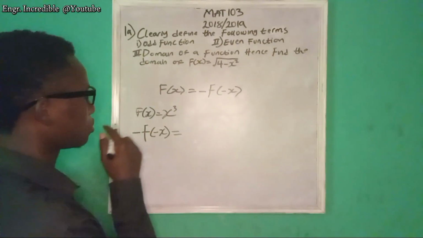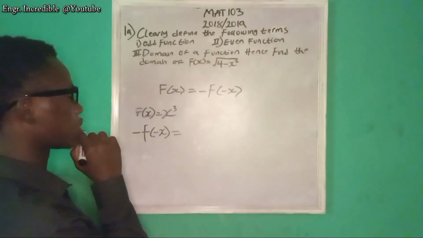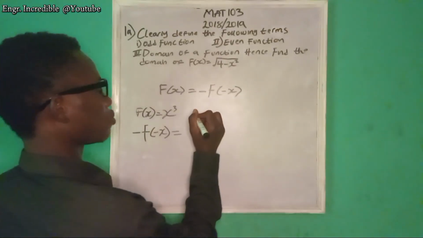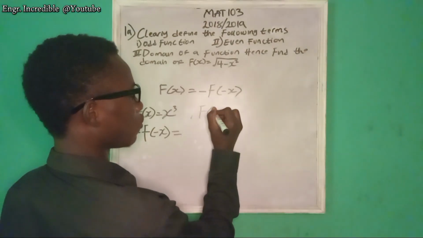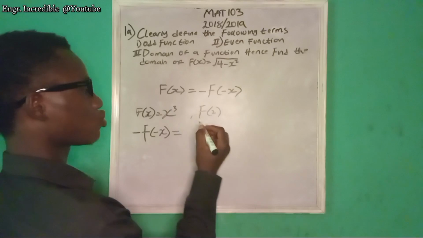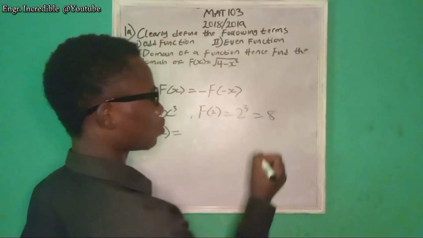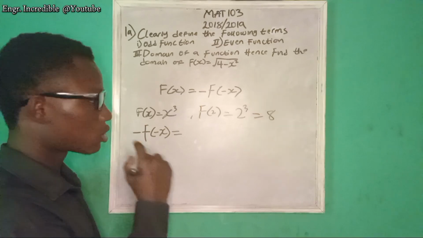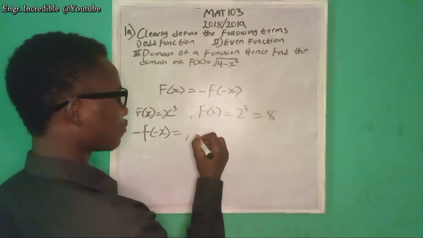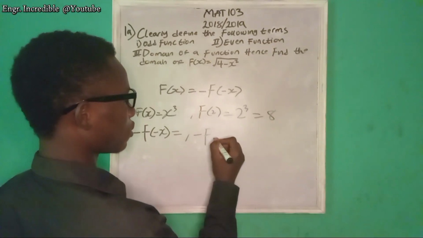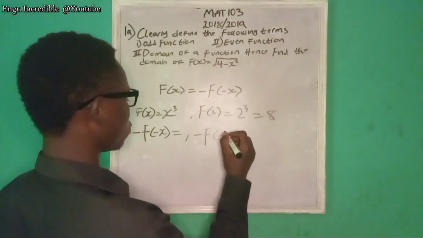Let's say we have f of 2. We find 2 cube, that is 2 raised to power 3, which is equal to 8. But here we have minus f of minus 2.